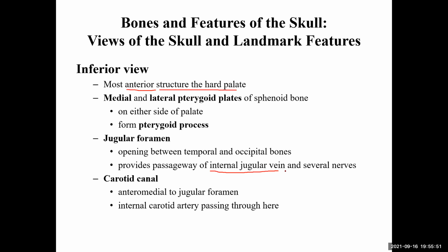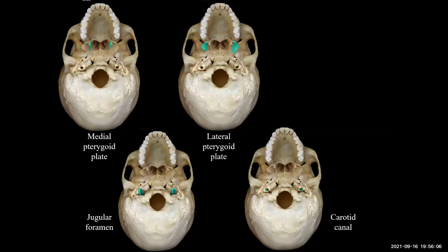Just in front of and a little more medial to the jugular foramen is the carotid canal, where the internal carotid artery passes through, bringing oxygenated blood up to the brain.